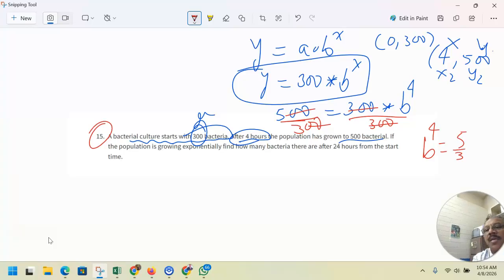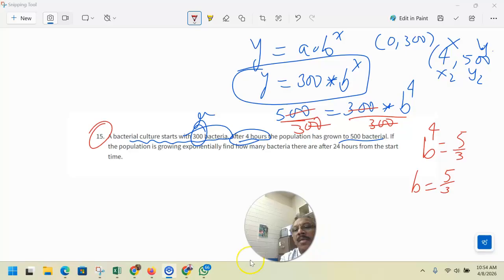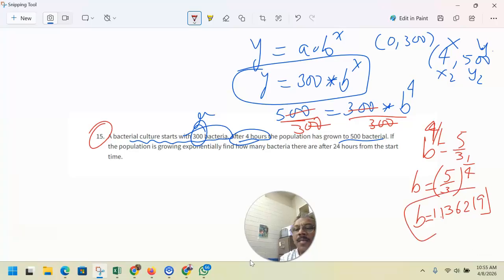All you do is now b equals 5 over 3 raised to the power, because here it is 4 over 1, the other side becomes 1 over 4. Put this on the calculator, and I think you should get 1.136219. So this is the b part.